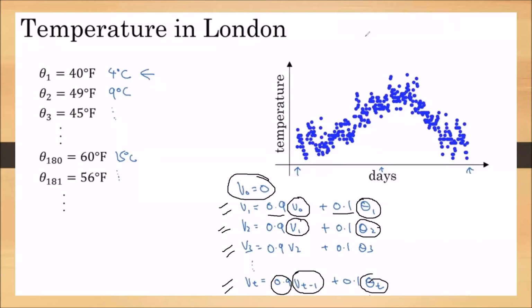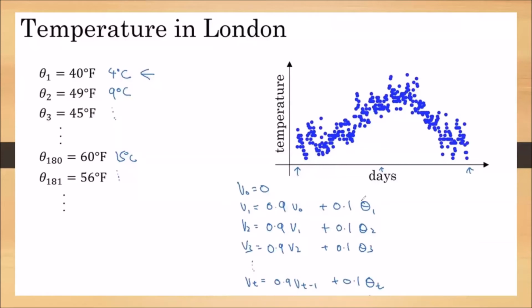This is how we have to proceed if we want to find the moving average for n number of days. If you are expecting the moving average for 50 days, then first you have to calculate V0, then V1, then V2, and so on up to V50.